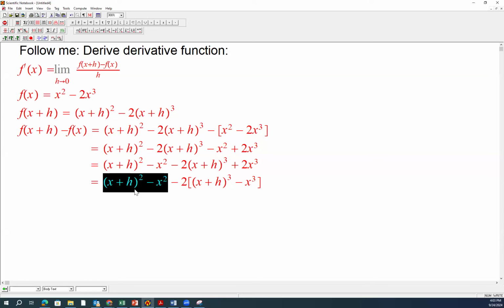Well, I can see this as a squared minus b squared. Okay, so I'm going to put it on my scratch paper.